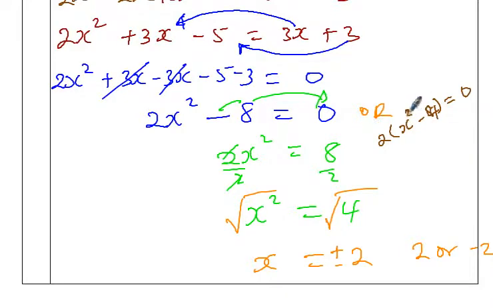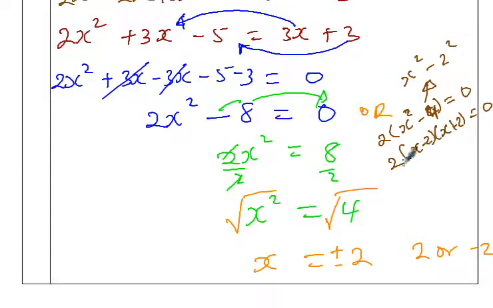And now when I look at the brackets, x squared minus 4 is a square number, and then we can use a difference of 2 squares. So 2 into x minus 2 into x plus 2 should equal to 0. I have simply applied the difference of 2 squares here, since this is x squared minus 2 squared here, and I can factorize that in this form.